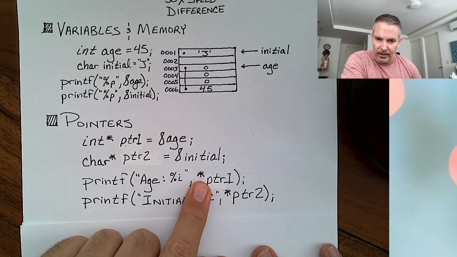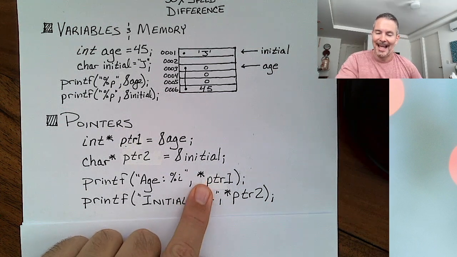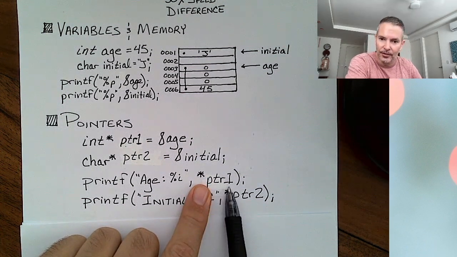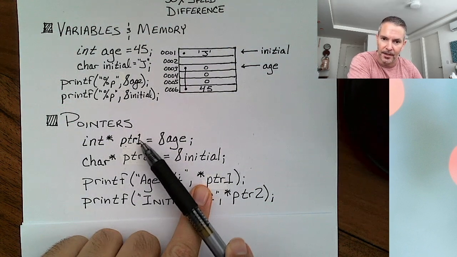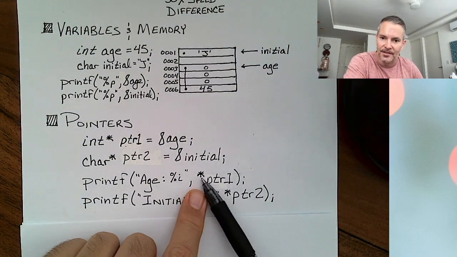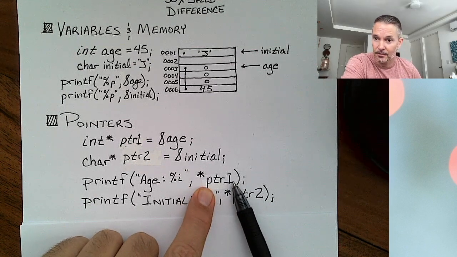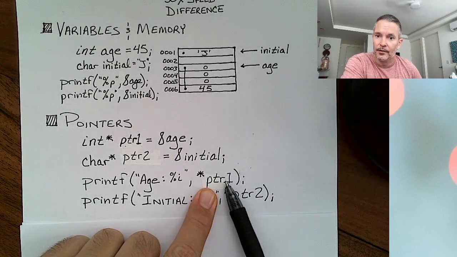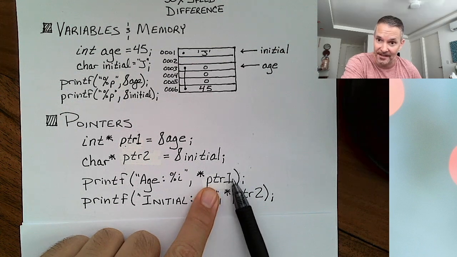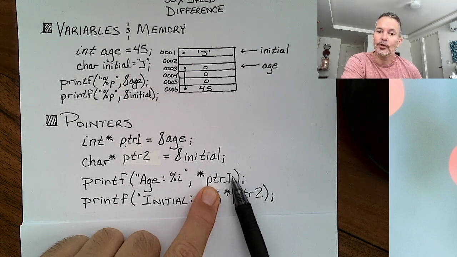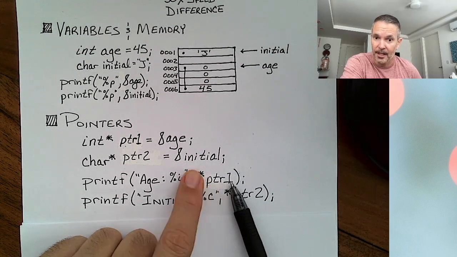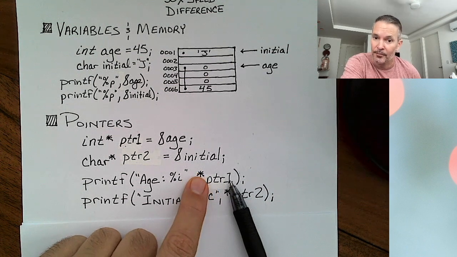I've done something unique here, and this is the second aspect of pointers that I want to describe to you. If I have a pointer already, so I've already defined a pointer here, and I put an asterisk in front of this pointer when I refer to it in the program, I'm telling the compiler, I don't want to access the address stored in the pointer. I want you to follow that address to whatever it points to in memory and give me the value that is stored in memory.